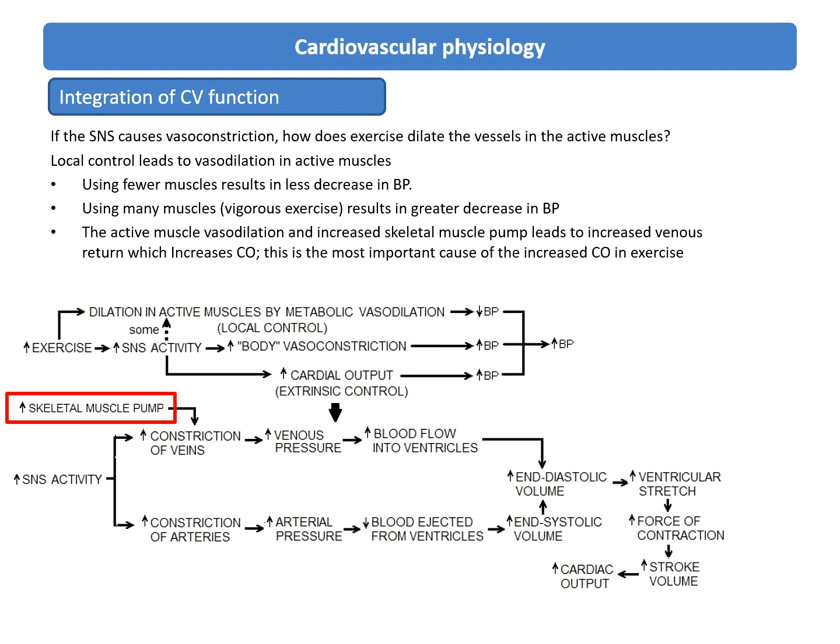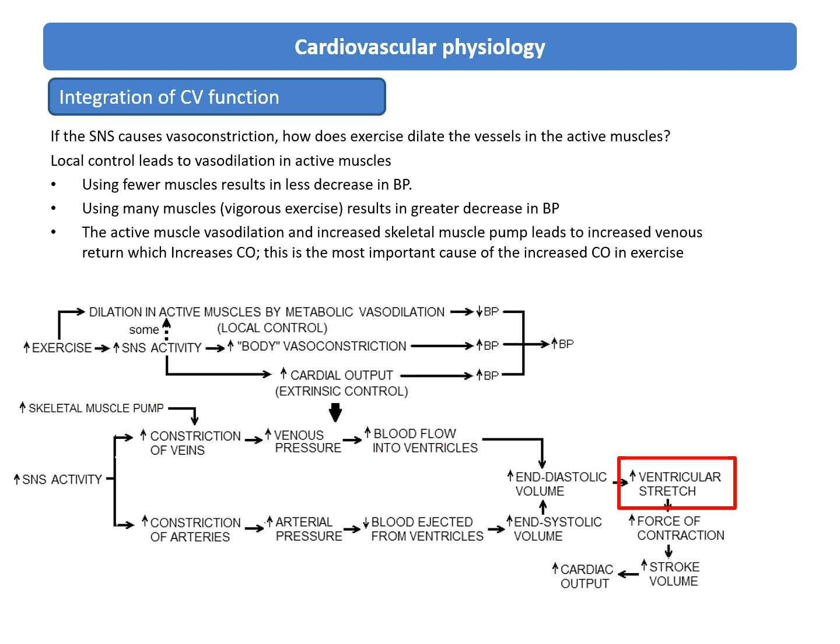The increased activity of the skeletal muscle pump constricts veins, increases venous pressure, increases blood flow into the ventricles, and also ends up increasing the end diastolic volume.